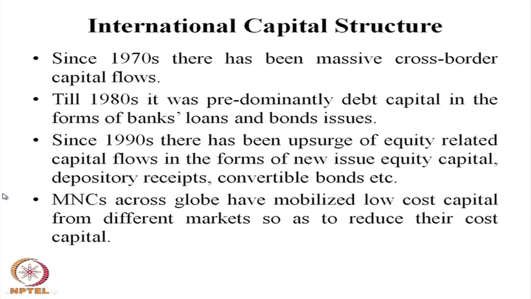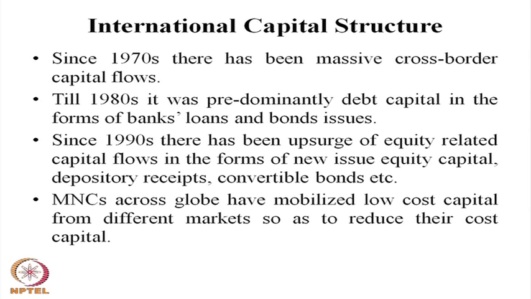Here, when we mention international capital structure, we have to understand that prior to 1970 there was no international market, as we discussed in an earlier session. The US dollar was linked to gold, and other countries' domestic currencies were linked to the US dollar, and there was no development of an international capital market, and domestic companies generally sourced their capital from the domestic market itself.